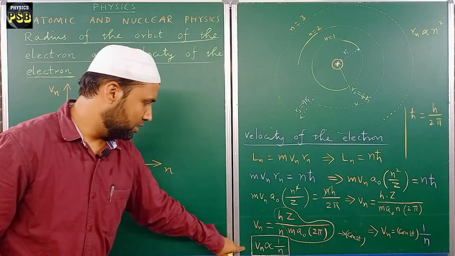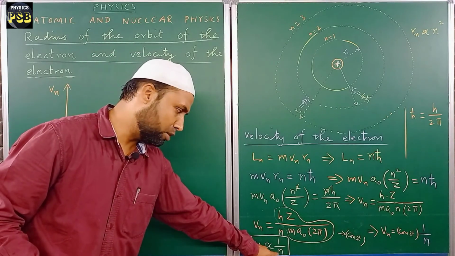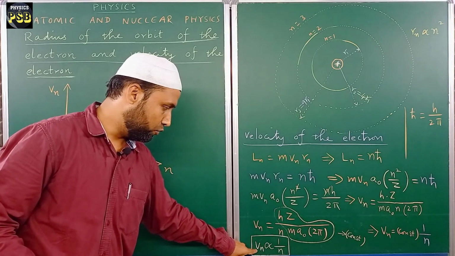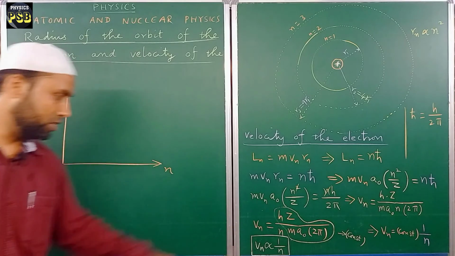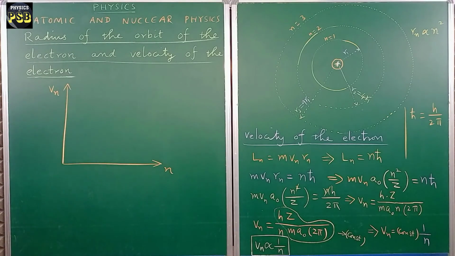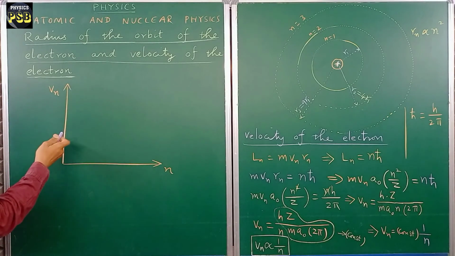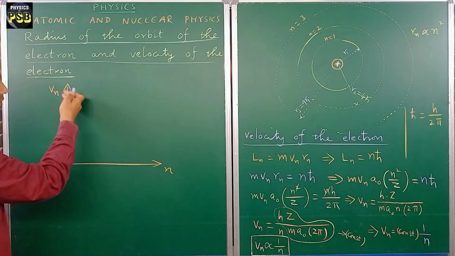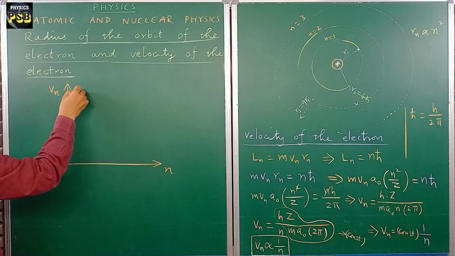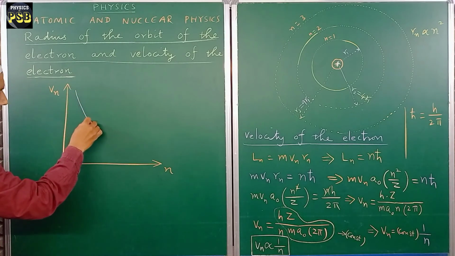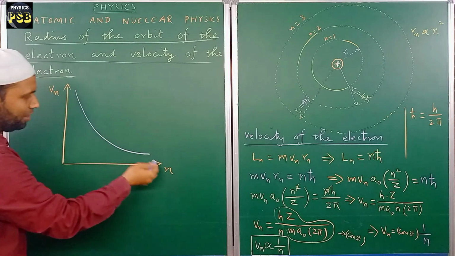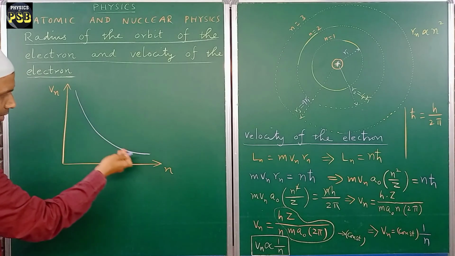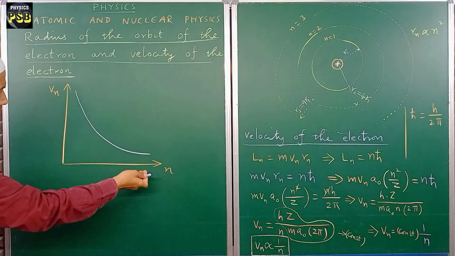According to this relation, Vn is inversely proportional to n. So, as the n value increases, Vn value decreases. Earlier it is high. As the n value increases, Vn is found to be decreasing. It is obvious from the diagram.